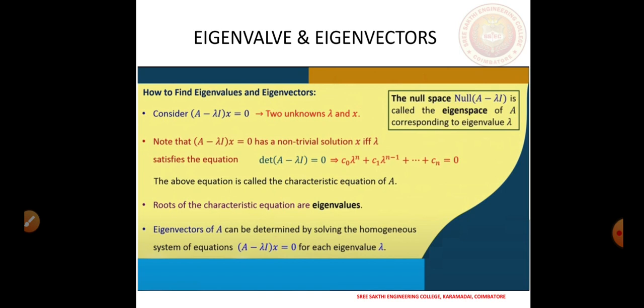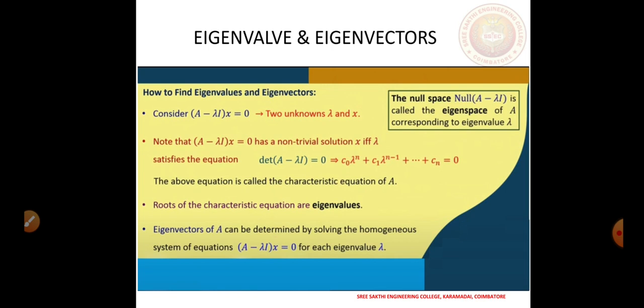We will talk more about this. The null space of A minus lambda I, whose elements we call x, also includes the 0 vector. So the null space holds the eigenspace corresponding to the eigenvalue lambda. What is in the null space?